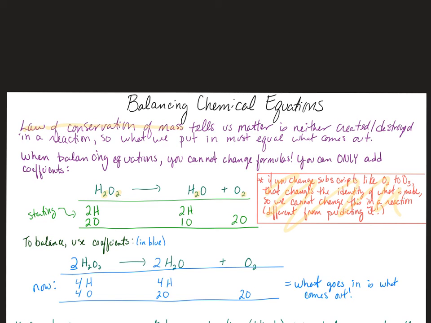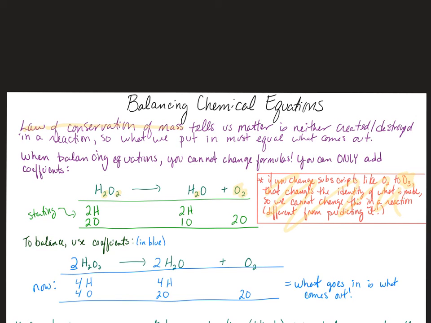So for example, if you change this O2 to O3, you go from oxygen gas that you breathe routinely to ozone, which is O3. Though it's great in our atmosphere to keep us from nasties from the sun, it's really, really toxic to breathe. So those are completely different formulas. We don't change the subscripts, because that's a big no-no when it comes to balancing equations.